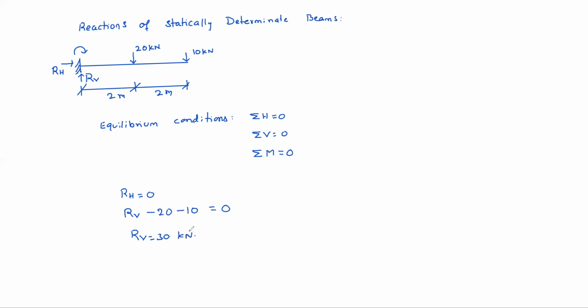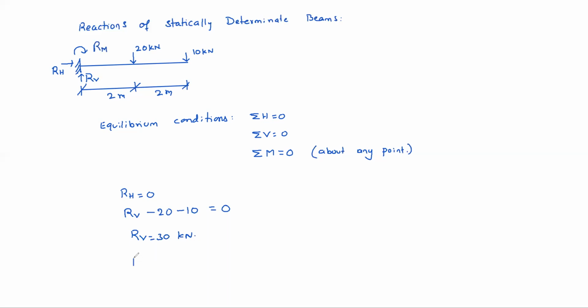Similarly, the sum of the moments must be 0 about any point, okay, about any point. The point may be within the structure or it may be out of the structure. So at any point you can take to get the moment reaction, RM.